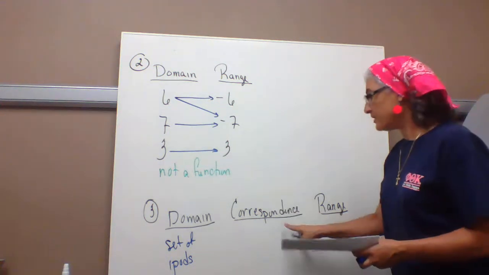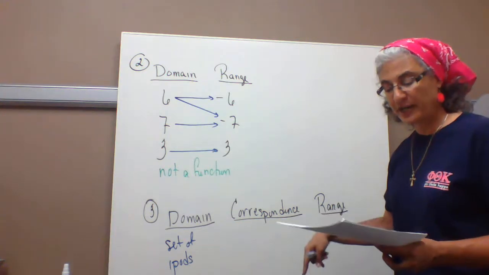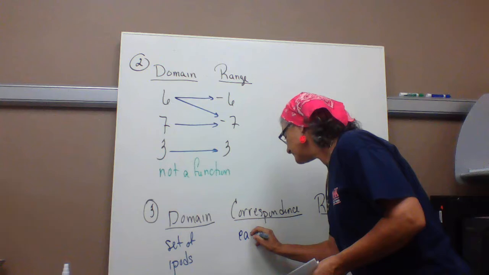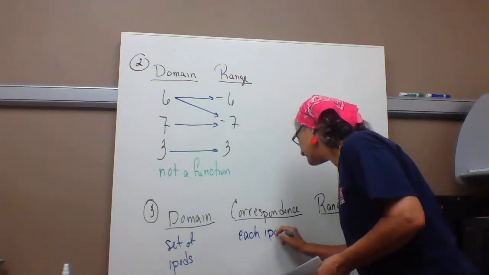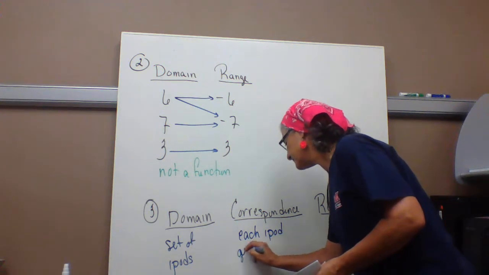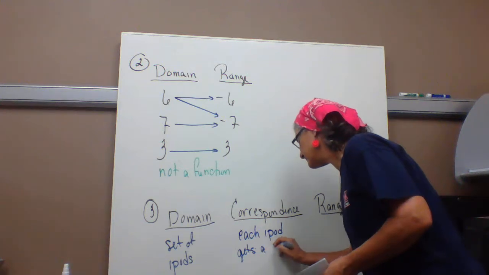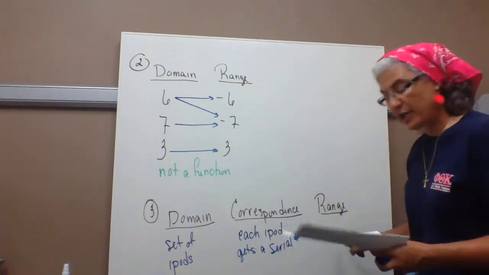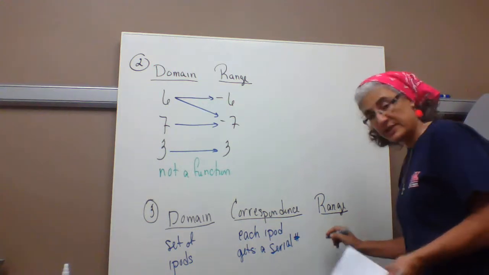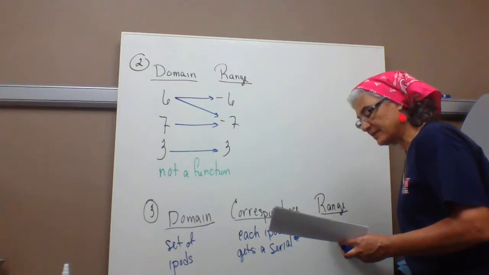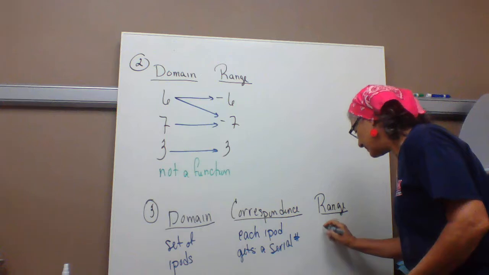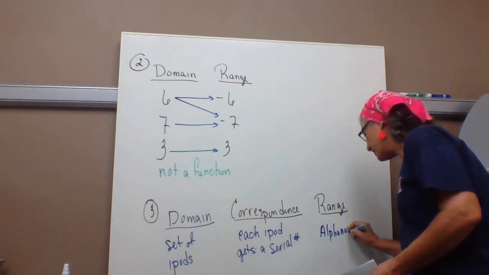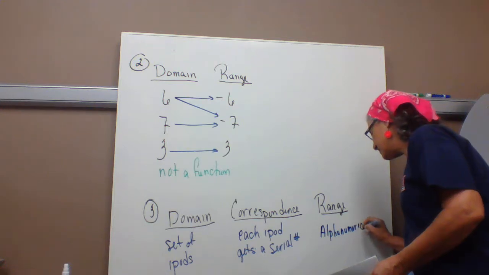The correspondence is each iPod gets a serial number. And the range, which is the output, is alphanumeric codes.